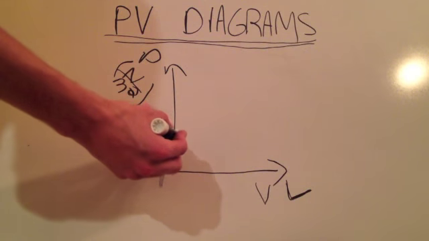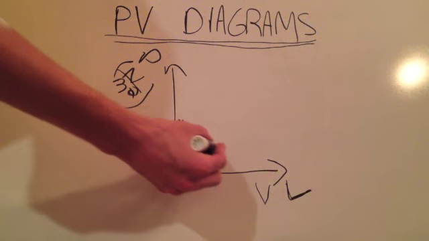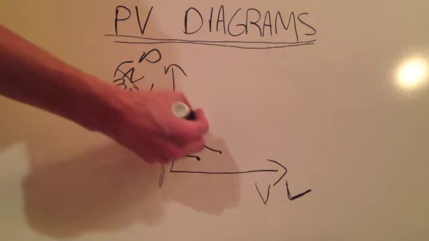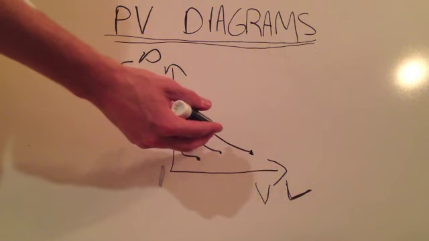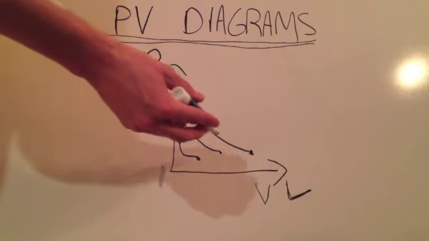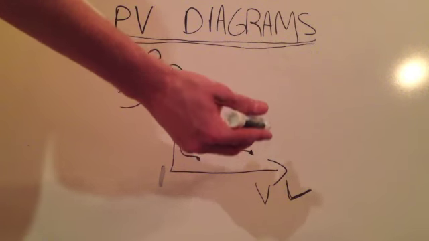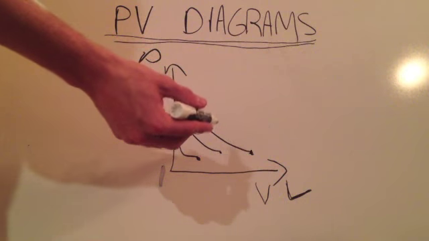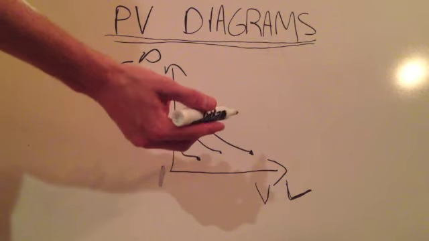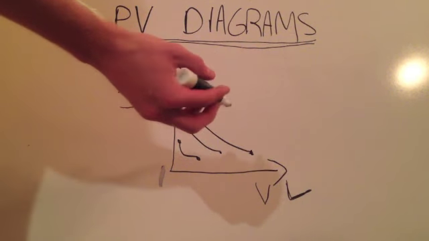And then what I'm drawing now are isotherms, and these are contour lines that represent the same temperature. Every point on each isotherm has the same temperature, and this is because as pressure goes up and volume goes down from the ideal gas law, the temperature stays the same in the system because the number of molecules doesn't change in a closed system and the constant only affects the magnitude.